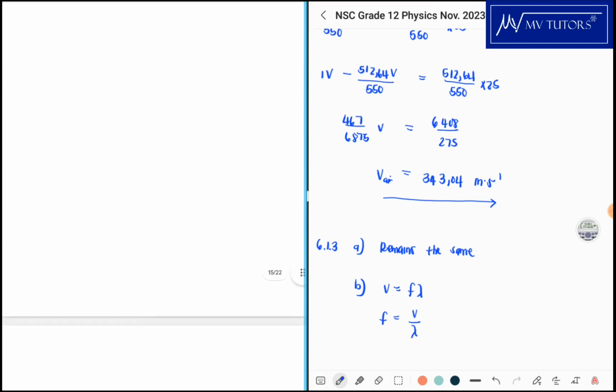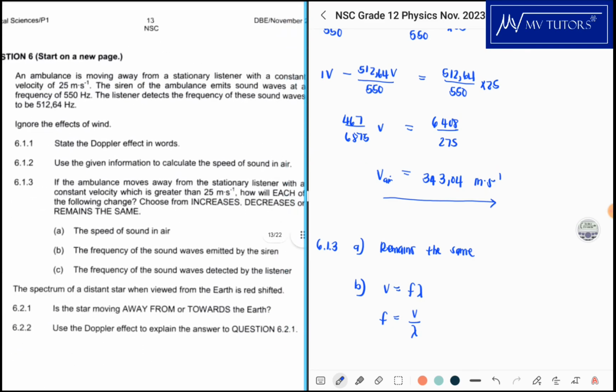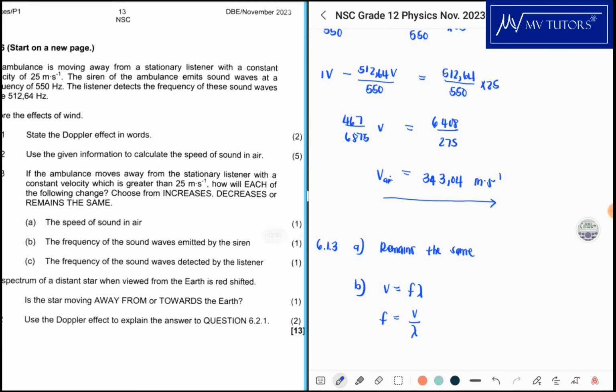Okay, now let's get back to the question at hand. The frequency of sound waves emitted by the siren. So now we are speeding up, remember? If you're going to increase the speed, you're also going to increase the frequency. So therefore, the frequency will increase.